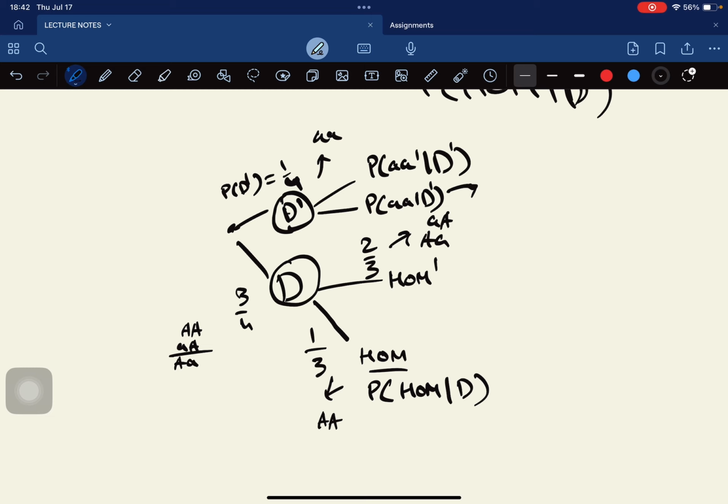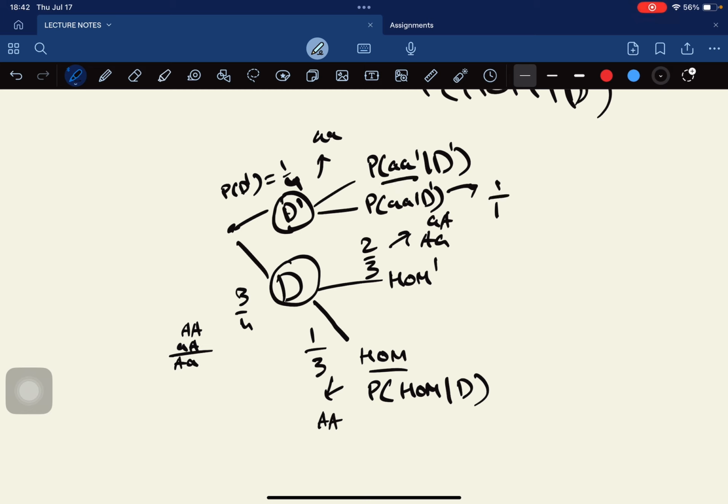And this would be equal to 1 over 1. Just remember a quick trick: we always take the numerator after the tree branch and put it on the denominator. In this case it would be 1, so the denominator would be 1, and how many AAs do we have? We have 1, so it would be 1 over 1.